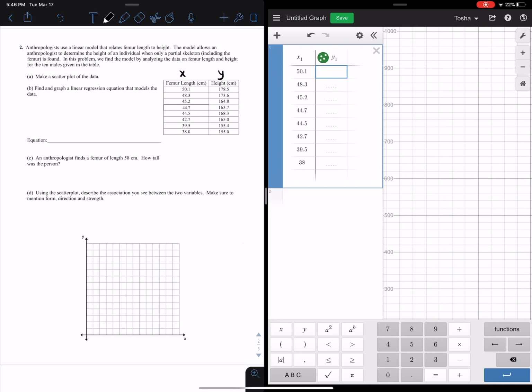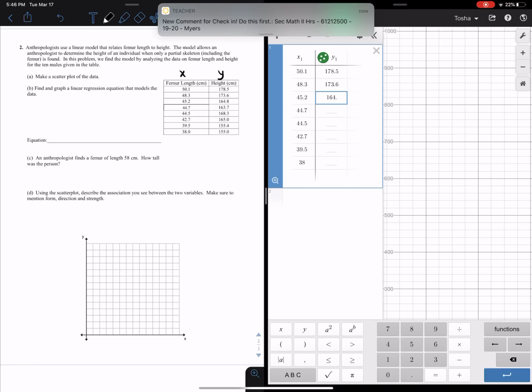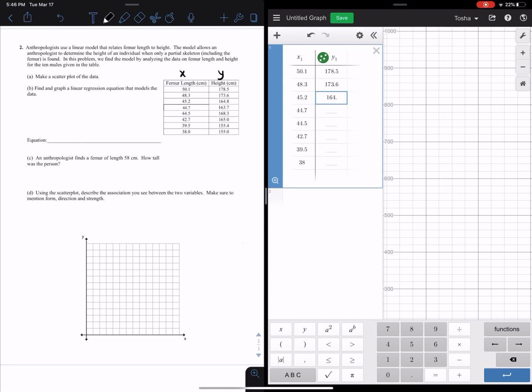And then our Y's, we have 178.5, 173.6, 164.8, 168.3, 165, 155. Oh, I think I skipped one. Oh, I did right here.